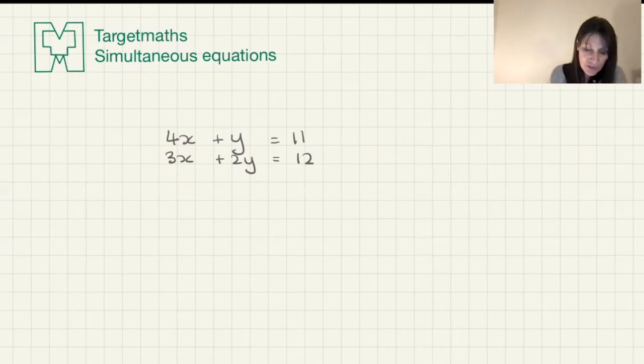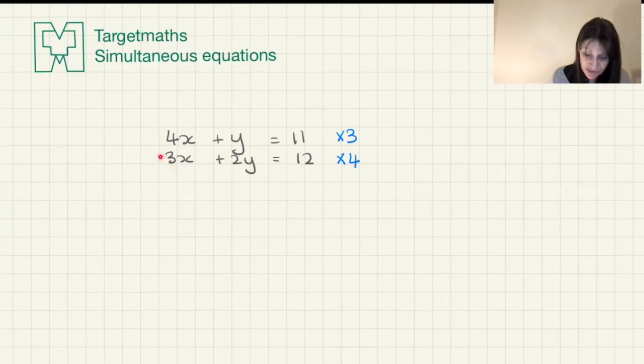So to do that, I'm going to cross multiply them. If I times the top one by 3, 4 times 3 is going to give me 12. If I multiply the bottom one by 4, 3 times 4 is going to give me 12.